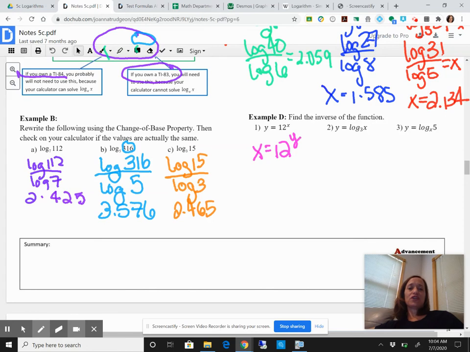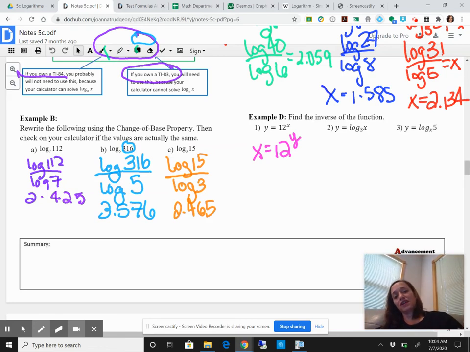But we don't usually write equations like x equals something. It's usually y equals something that has an x in it. That's how we like to write equations. So we're going to take this exponential equation and change it to a logarithm so that we can get y in a better place.